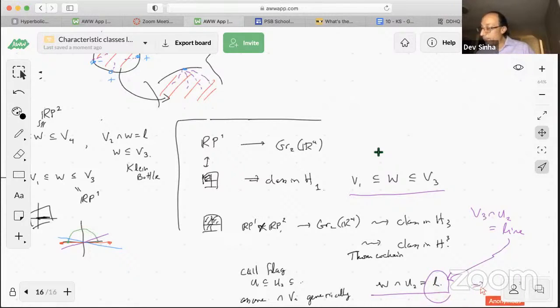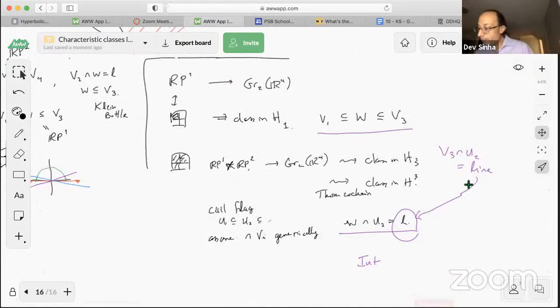So that implies that the intersection of these two is the unique W, which is the span of V1, because W must contain V1, but because W intersect U2 is L, I've got to take the span of those two lines, and that's a two-dimensional subspace.